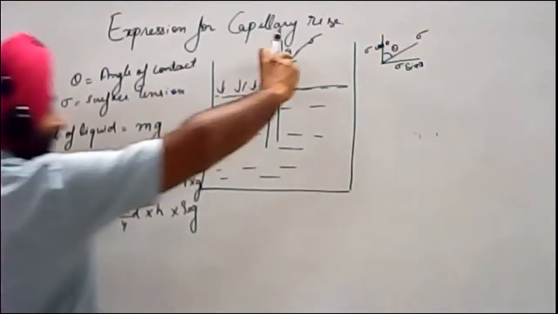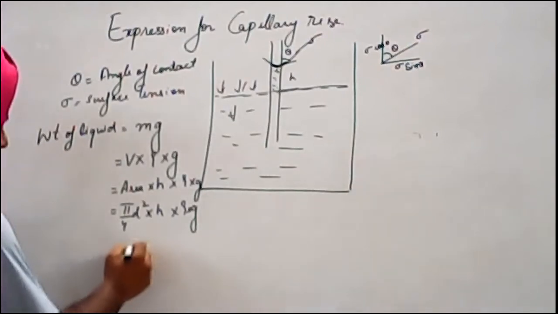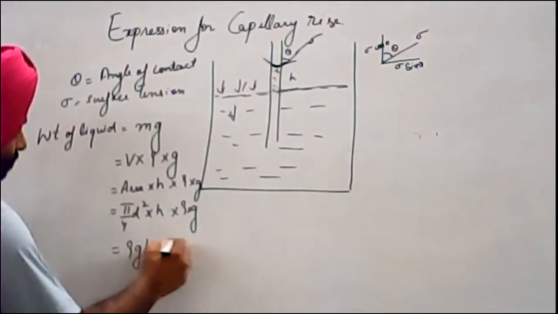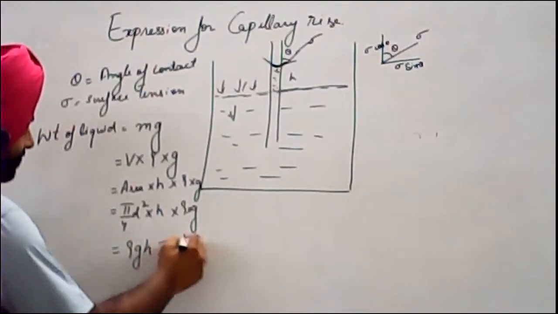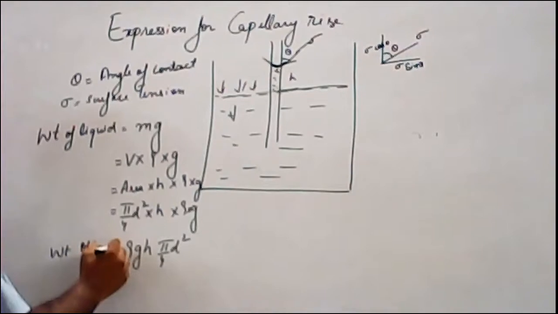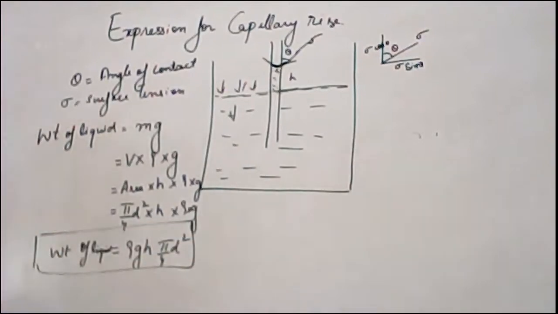Height is the height to which that liquid has risen in the capillary tube. Now you can write it as rho g h pi by 4 d square. This is the weight of the liquid. This weight of the liquid is being balanced by the force due to surface tension.